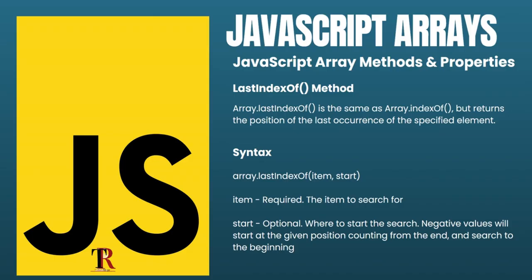So what kind of item are you searching for? Whether you have an array of cities, numbers, fruit, or cars, it could be an array of anything that you want to use lastIndexOf on to get the last occurrence of the specified element. What is most important is that the item to search for is required, which is what you can see right here inside the bracket.